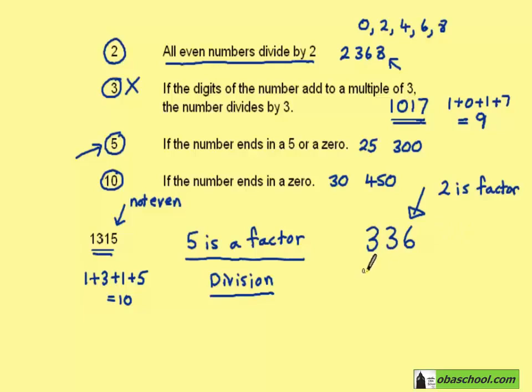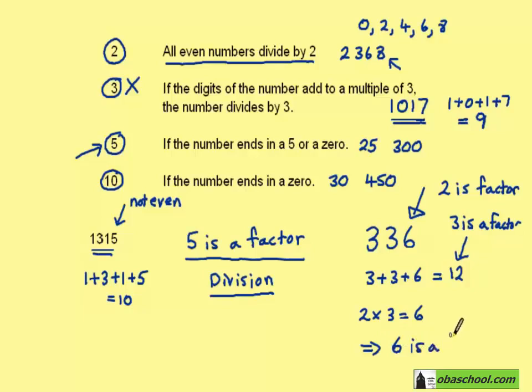If we add the digits, 3 plus 3 plus 6 is equal to 12. 12 is a multiple of 3, and it follows therefore that 3 is a factor of 336. 2 times 3 is equal to 6. So if both 2 and 3 are factors, it follows that 6 is a factor.